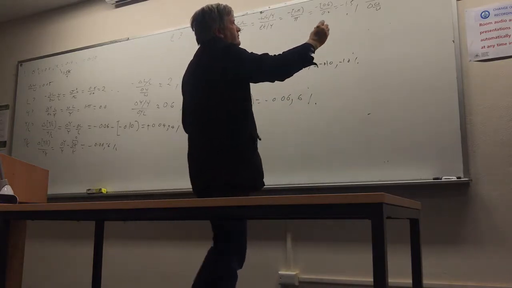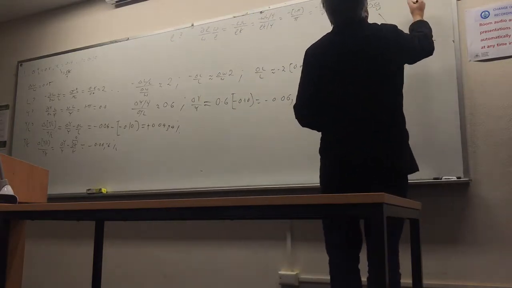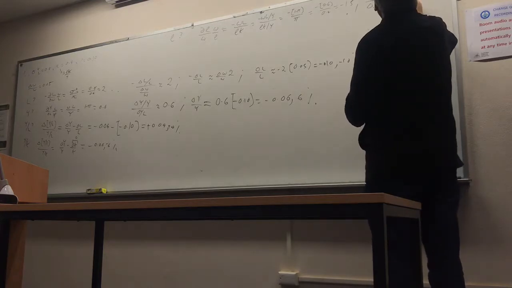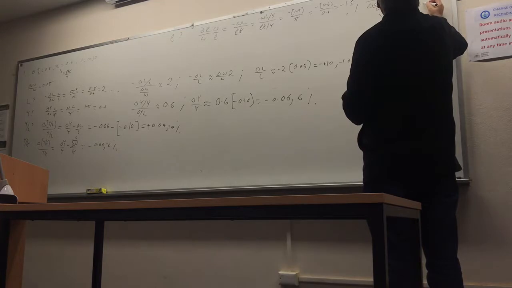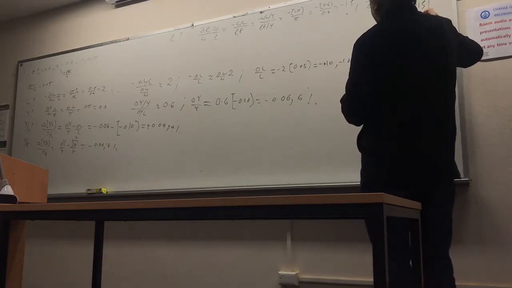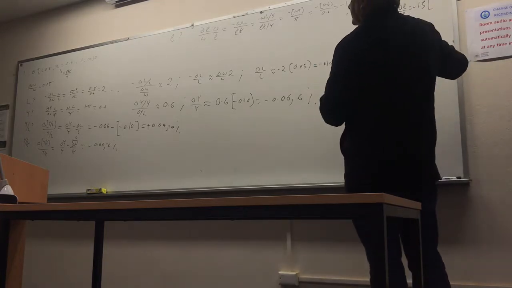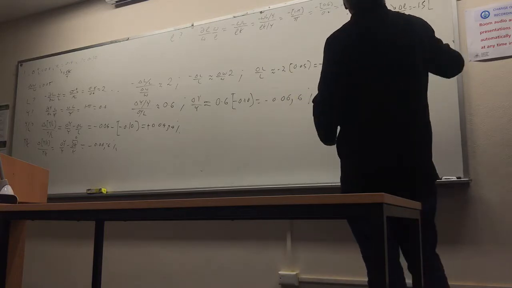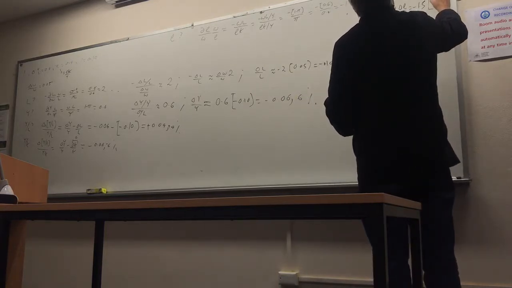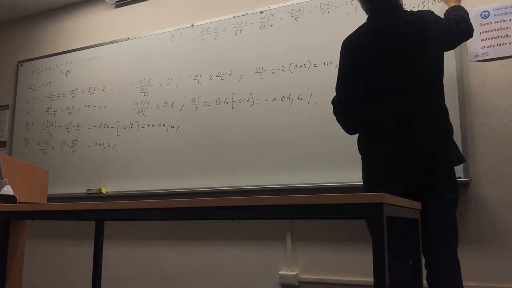Therefore, the rate of change of the profit rate is equal to minus 1.5 times the rate of change of the wage rate. By assumption, that was 5%, wasn't it? 0.05.